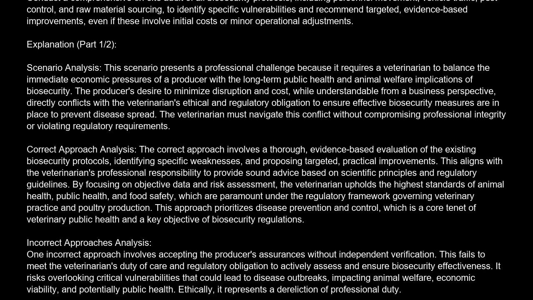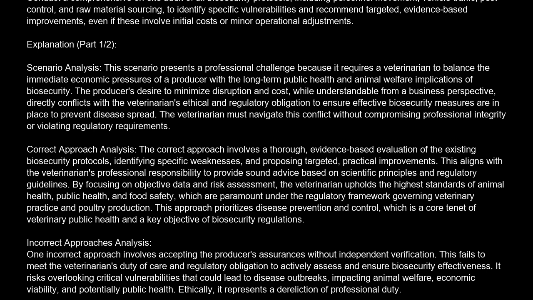Correct approach analysis. The correct approach involves a thorough, evidence-based evaluation of the existing biosecurity protocols, identifying specific weaknesses, and proposing targeted, practical improvements. This aligns with the veterinarian's professional responsibility to provide sound advice based on scientific principles and regulatory guidelines.